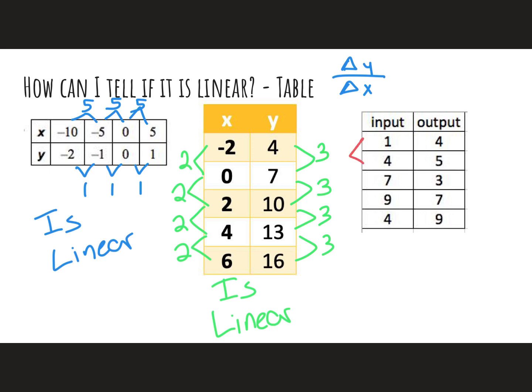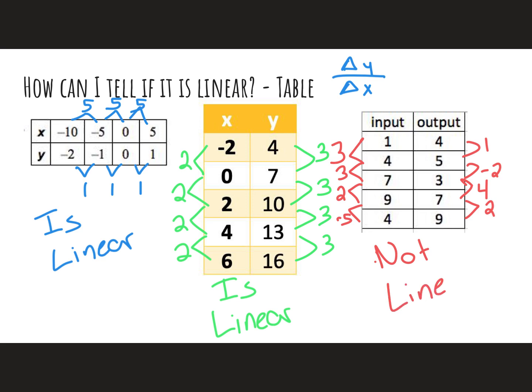Here I'm increasing by 3, 3, 2, and this one is actually decreasing by 5. Over here I'm increasing by 1, I'm decreasing by 2, then I'm increasing by 4, then I'm increasing by 2. So this one is not linear. It does not have a constant rate of change. Okay, so that's really easy on a table.